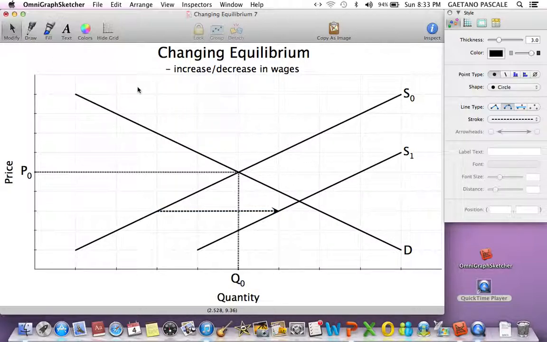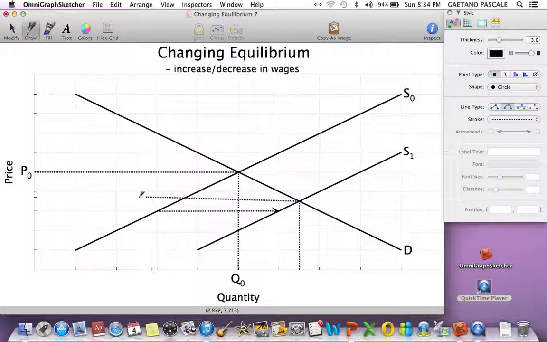And the new equilibrium occurs. Let me keep this consistent with the dotted lines. The supply curve shifts to the right because of the decrease in wages, and we now have a new equilibrium in the marketplace. So if we go from where the new supply curve intersects the original demand curve, that is our new equilibrium quantity.